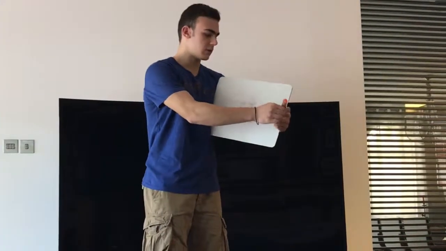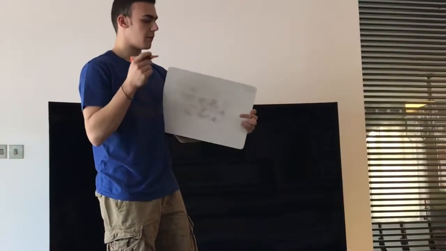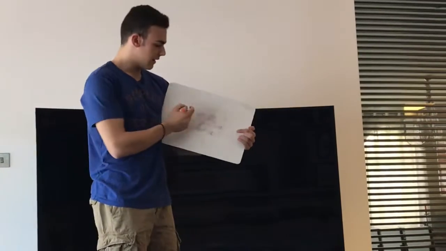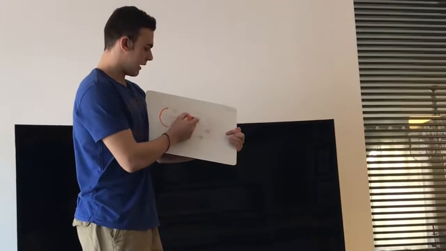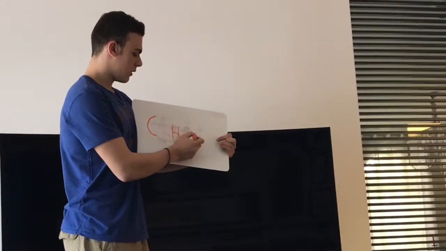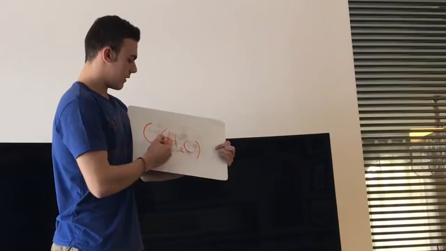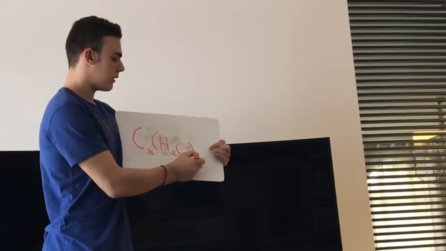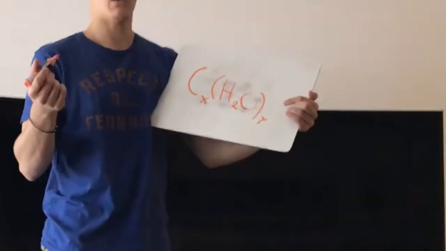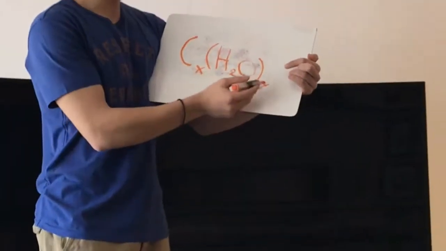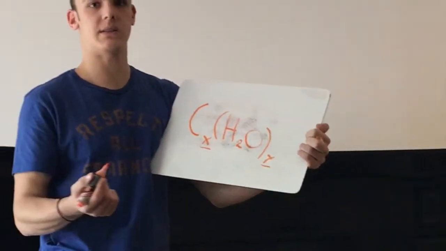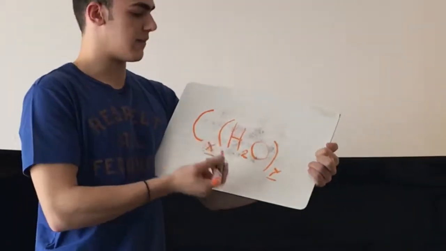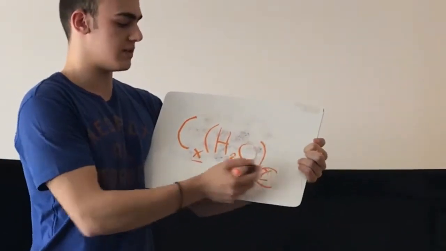To add to this, all carbohydrates have a similar formula of C, H2O, where X and Y are the amounts of each of the elements or molecules. These numbers define what the organic compound is, so you can identify the compound based on these two numbers.